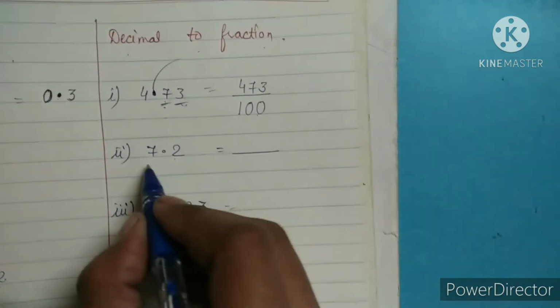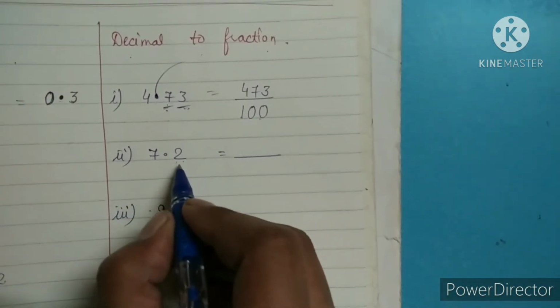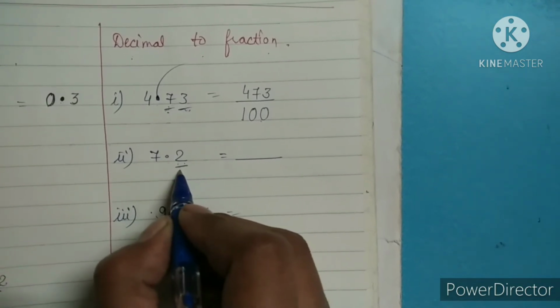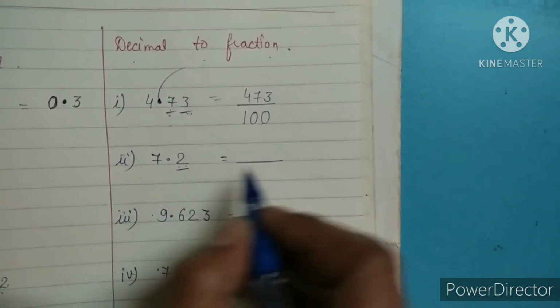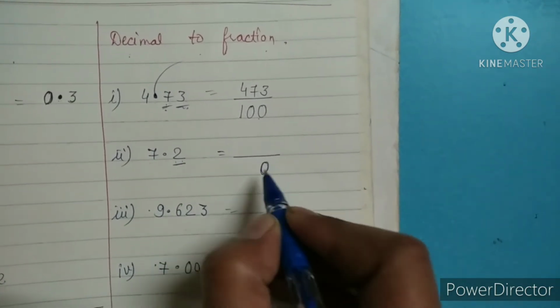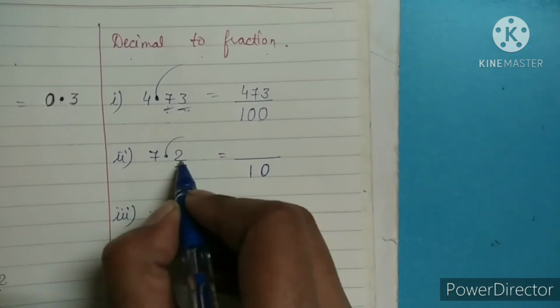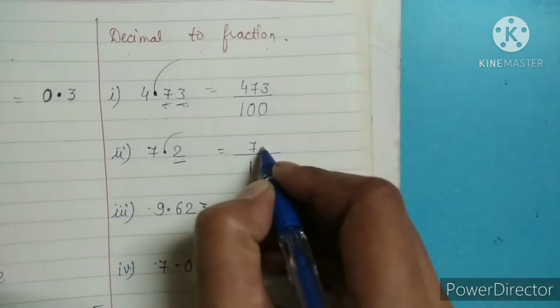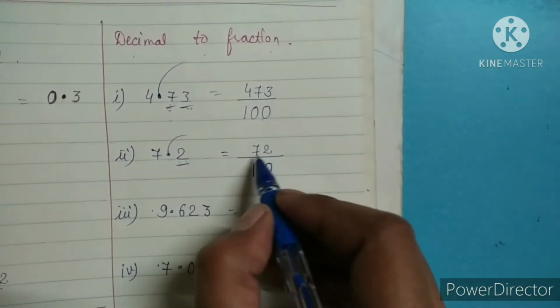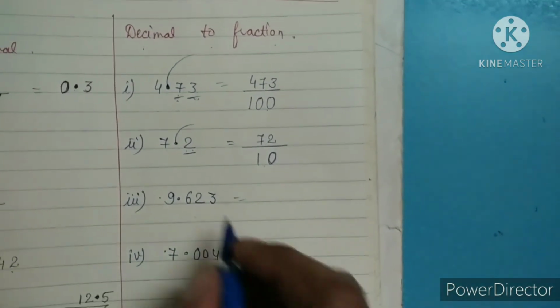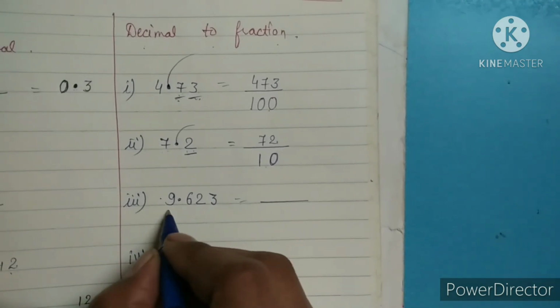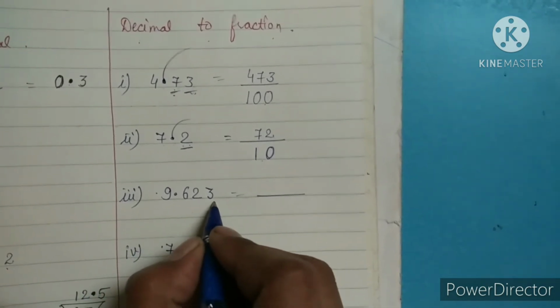Now second is 7.2. After the decimal there is 1 place, so 1 zero will come with 1, and we will remove the decimal. 72 will come in this form, 72 by 10. Now third is 9.623.